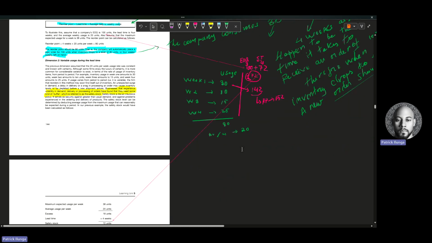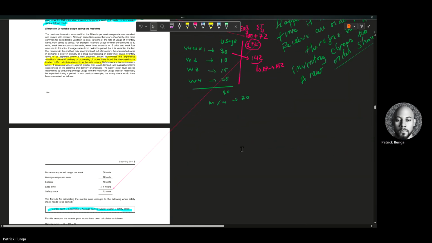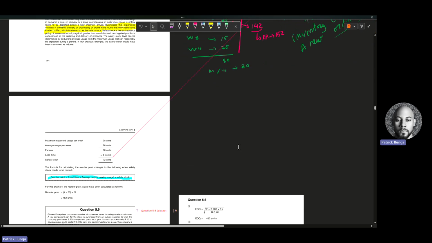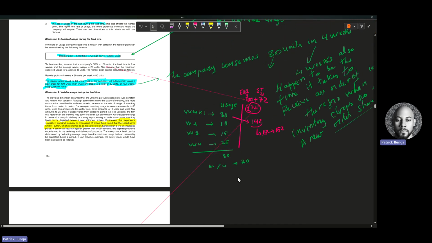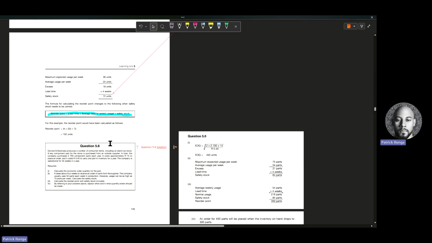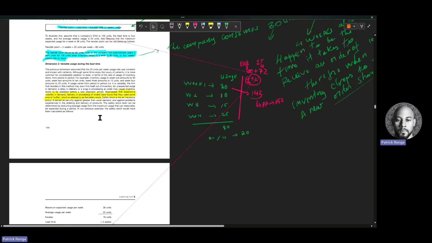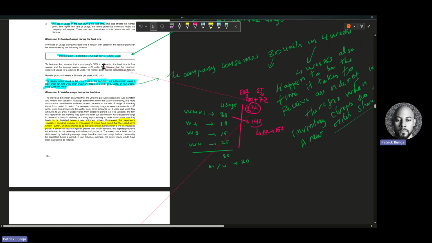But when is the reordering point? When you have variable or fluctuating usage, the reorder point is simple. You take the lead time times the weekly or daily usage, just like we did for the constant usage.